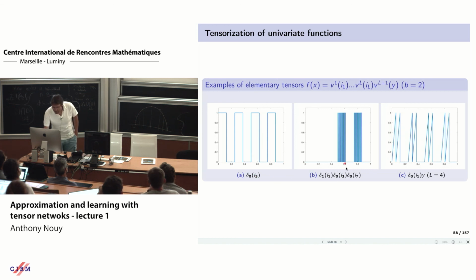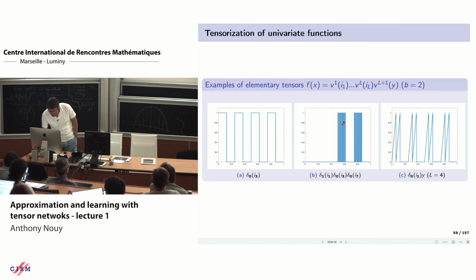Here, a more complicated function where I multiply a function of I1, I3, and I7. Since this is 1 only if I1 is equal to 1, the function is equal to 0 on this side, because any point x here will have a first digit I1 equal to 0. And here it's 1 when I3 equals 0, and 1 if I7, so very high resolution.